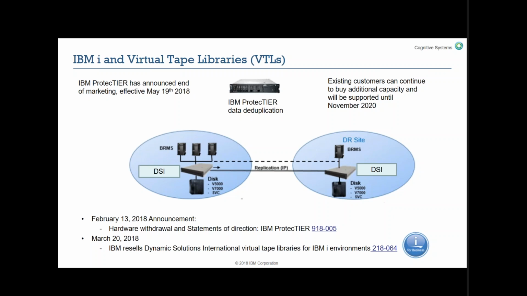We've also announced, very shortly, you can see the link at the bottom, that we partnered with DSI, Dynamic Solutions, who had a very nice product, very IBM i integrated and friendly, as the replacement option. For those customers running ProtecTIER, DSI would be a very natural alternative. It has ways to get the data from ProtecTIER into DSI, or if you're a new customer looking at a virtual tape library solution, we would promote you to come out and take a look at the DSI solution.